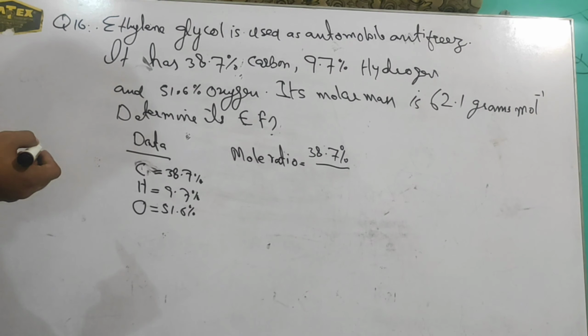And the mole ratio of oxygen, in the same way, the percentage is 51.6 divided by the atomic mass of oxygen, that is 16.